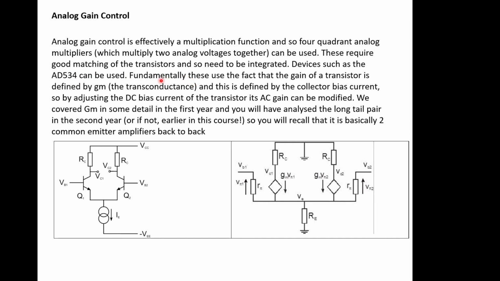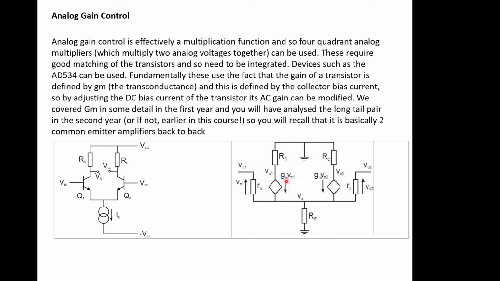And the trick to this is remembering that the gain of a transistor is defined by gm, its transconductance. So here's the long tail pair, here's a small signal analysis of the long tail pair, how you can draw it. And look, the gain of the transistor is controlled by gm. gm multiplied by the input voltage gives you the current through the device.